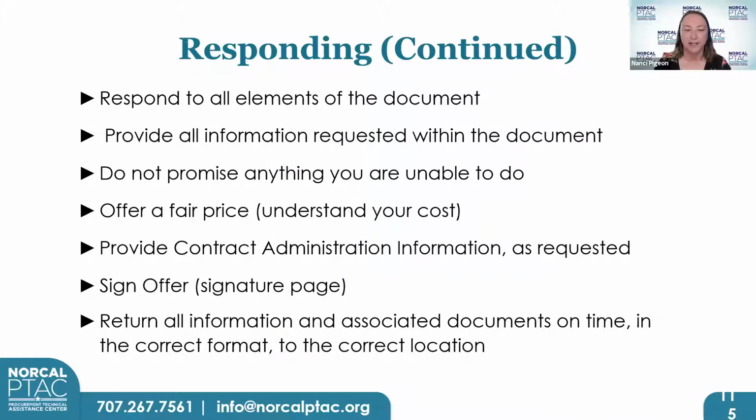And just remember, whoever signs the response needs to be the person that is able to bind the company to the contract. So if only the owner can bind the company, then you need to make sure the owner is the signature and not the sales manager or someone like that, unless they have been told they can bind the company.